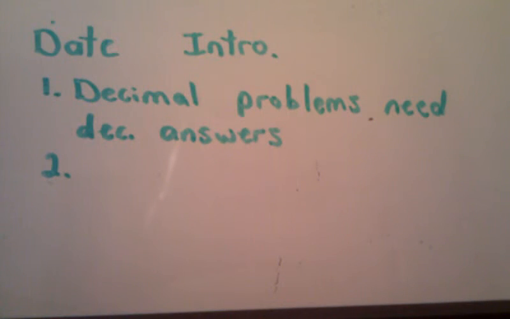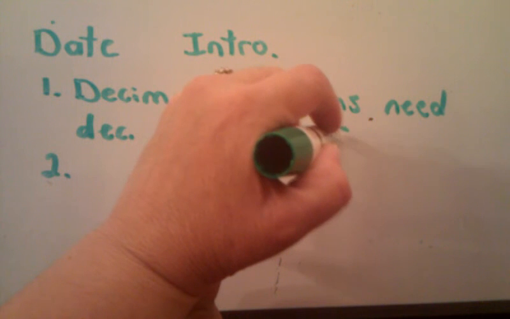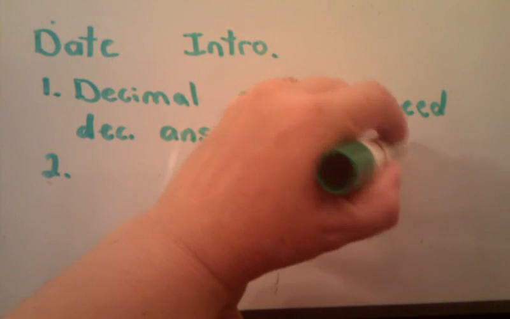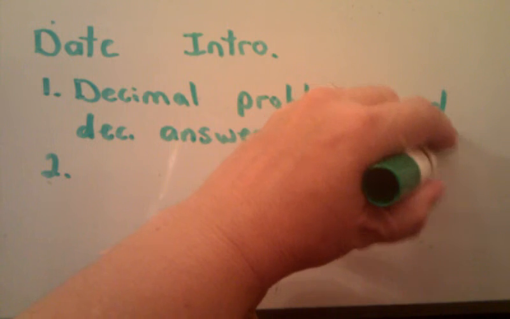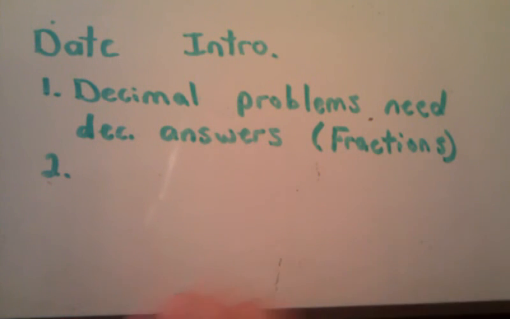Just like fraction problems, your answers need to be in fractions. Okay, I'm going to put the word fractions in parentheses so you know this applies to fractions too. If you have a problem written as a fraction, you need your answer to be a fraction.